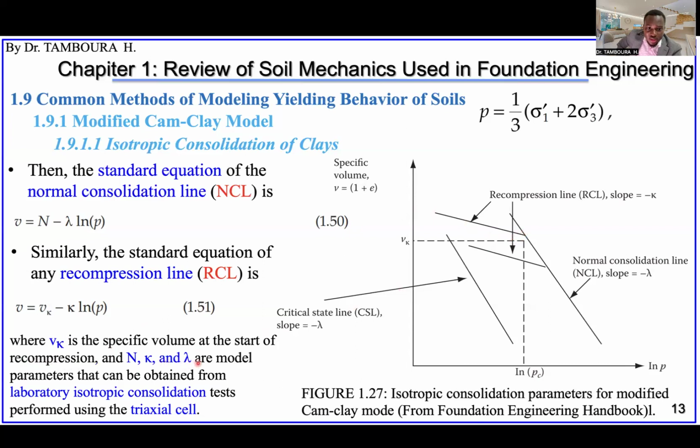N, K, and lambda are the model parameters that can be obtained from laboratory isotropic consolidation. When you do isotropic consolidation in the lab, in a triaxial test using this triaxial cell, you can obtain these parameters very easily.